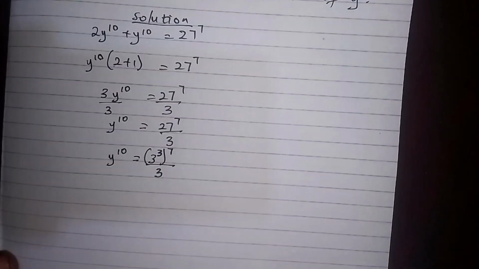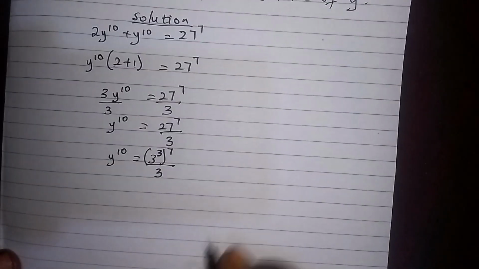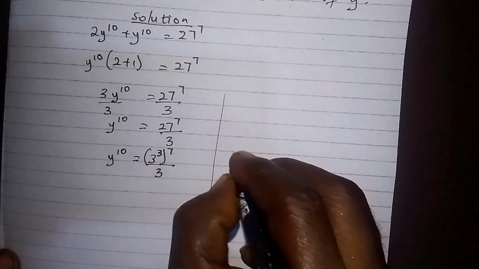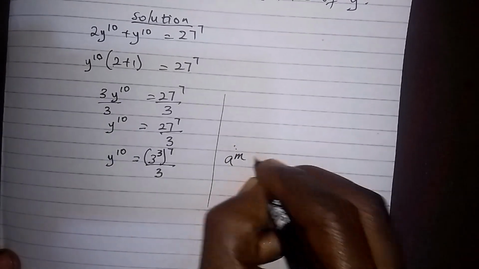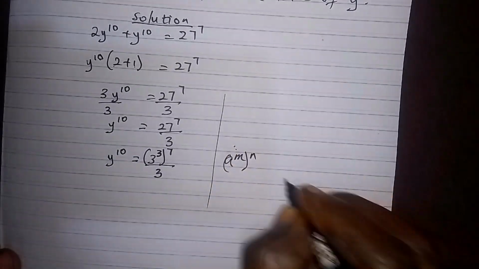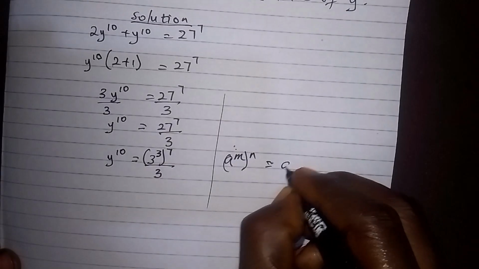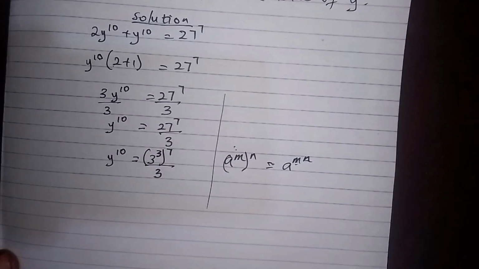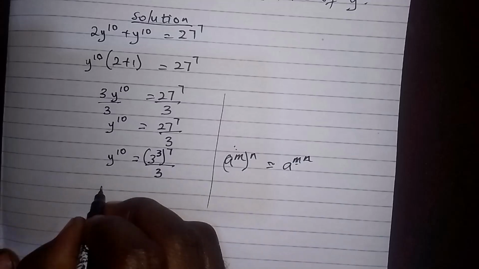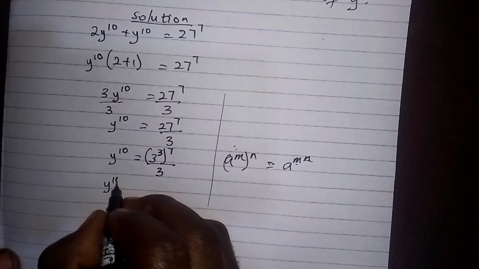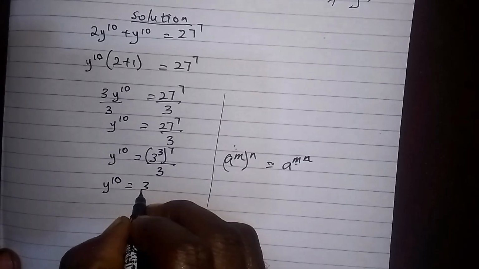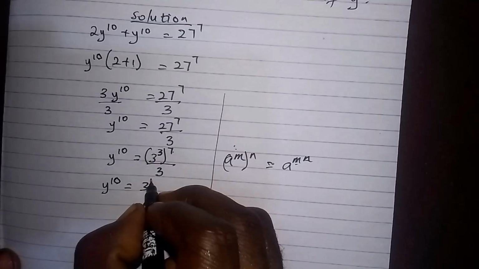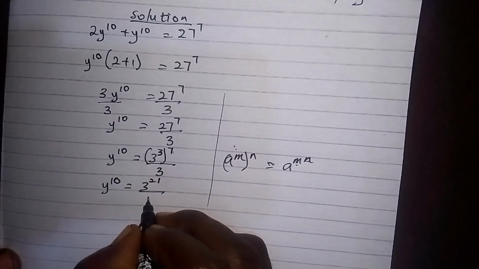From the laws of indices, a raised to the power m all raised to the power n can be simplified as a raised to the power mn, where the two indices are multiplying. So this can be written as y to the power 10 equals 3 to the power 3 times 7, which gives us 21, all over 3.